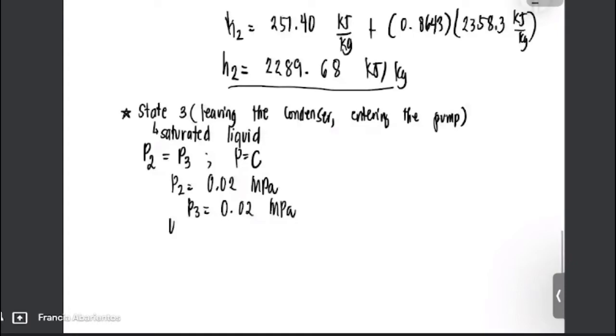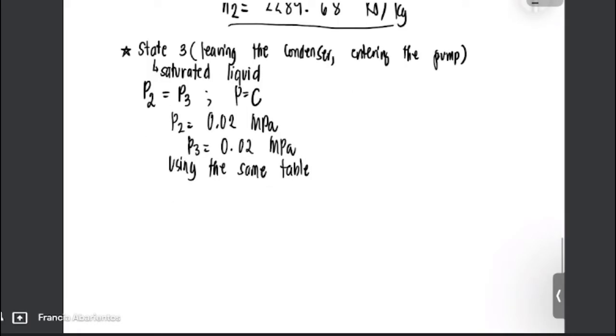Using the same table, we proceed now to the saturated liquid values. Ano yung kailangan natin at state 3? Yung saturated liquid natin, the specific volume at a given pressure.